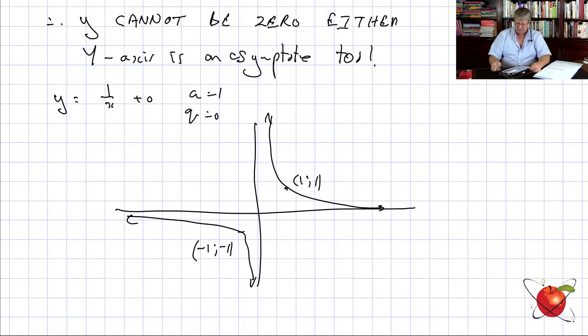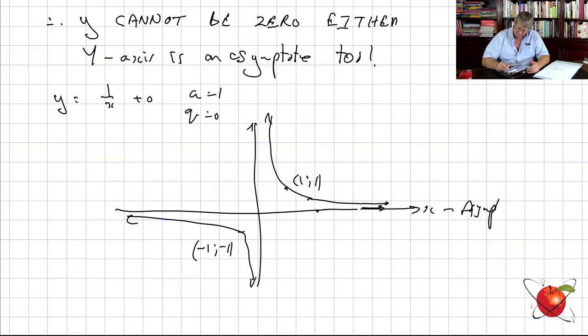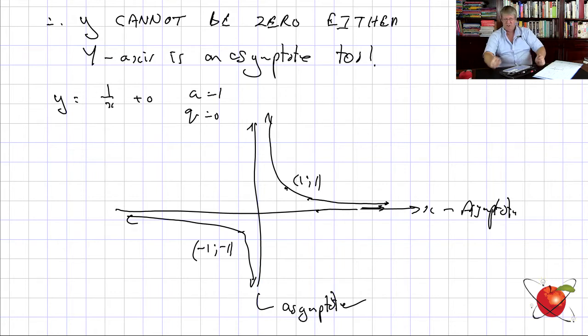Now I've got it just touching the axis there, which is not really great, so let me fix it. It means that the x-axis is an asymptote, and the y-axis is an asymptote as well, because the graph never touches it.